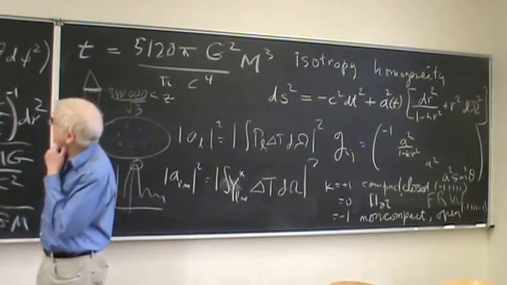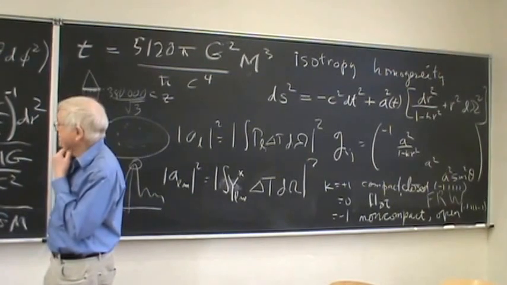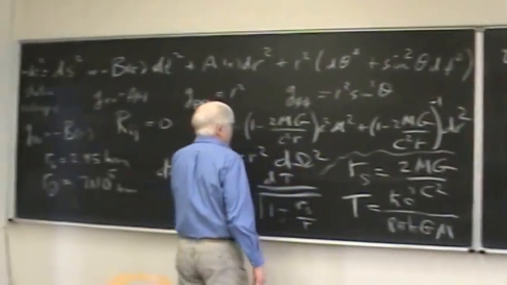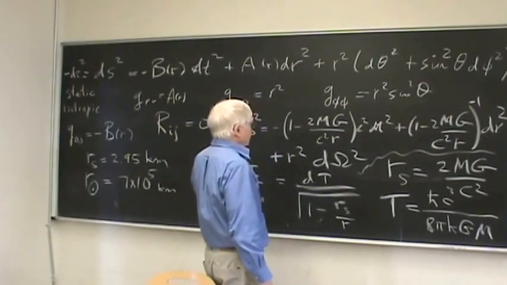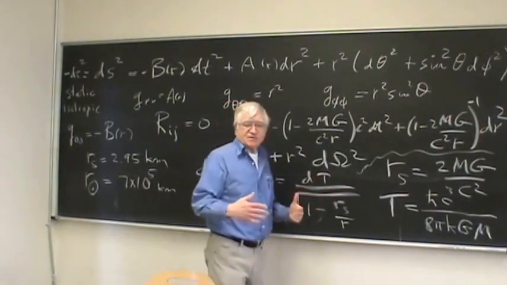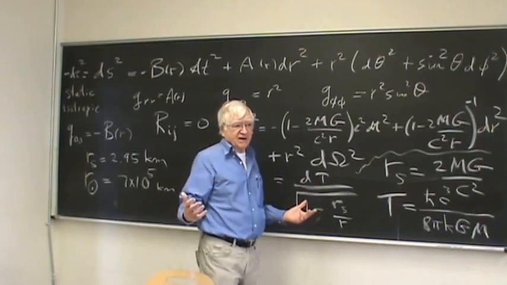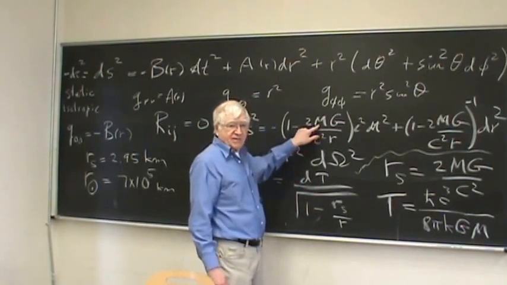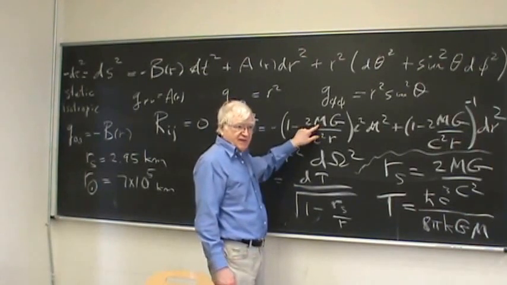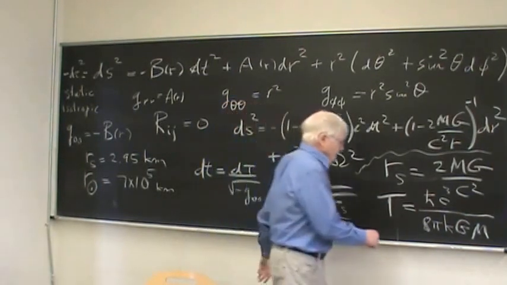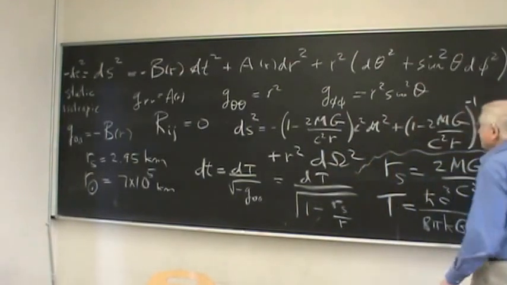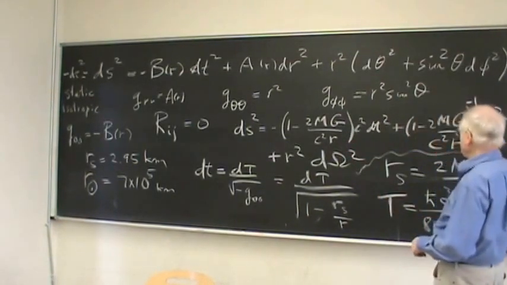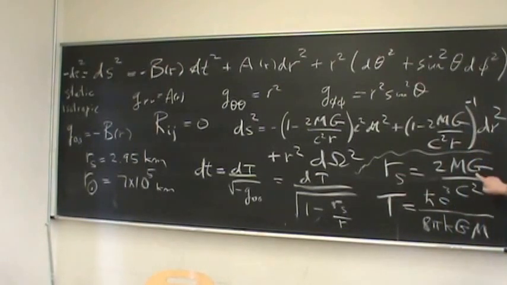And in fact, you might even be able to see this here because, let's suppose we have a uniform distribution of matter. Well, the mass goes up as the cube of the radius. So where's the Schwarzschild radius?